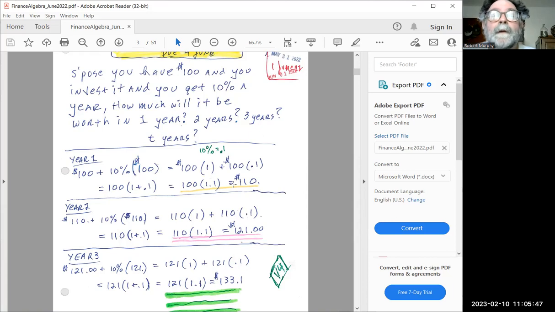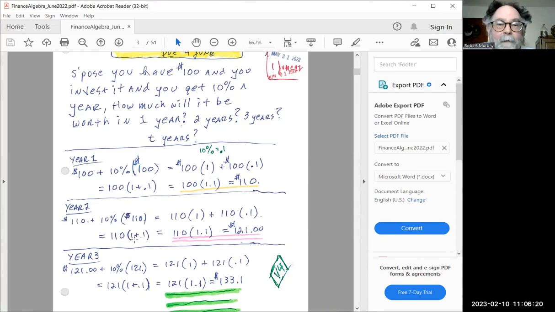Bada bing. Now, what happens in year 2? Well, I start year 2 with $110, and then I get 10% interest again. So in year 2, I'm going to do exactly what I did in year 1. 110 times 1 plus 110 times 0.1, with the distributive property going backwards, is 110 times 1 plus 0.1.